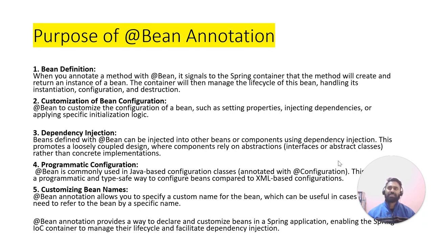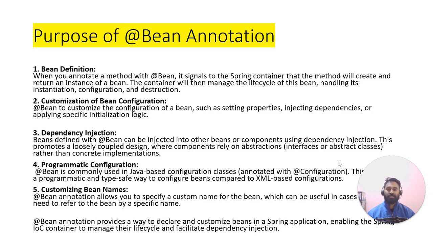If you want to change the name of a bean, you can pass the name in the parameter of @Bean, and then use that name to get the object of that bean. This allows you to specify a custom name, which is useful when you need to refer to a bean by a specific name.